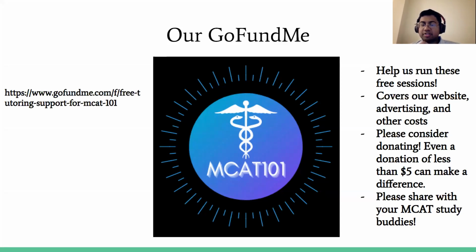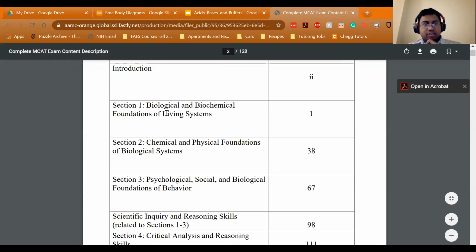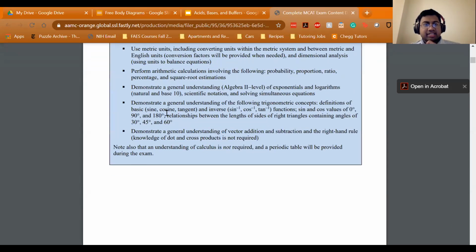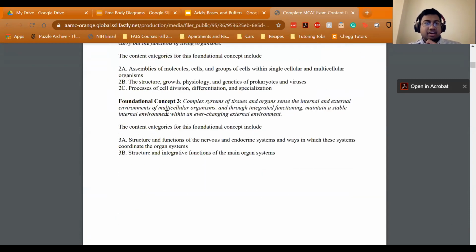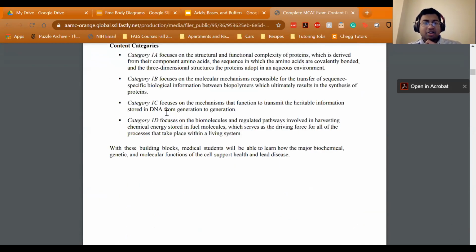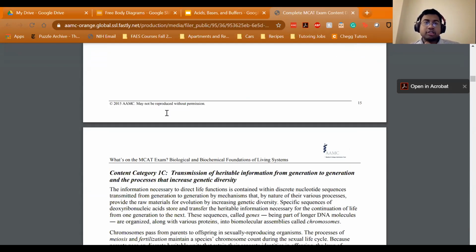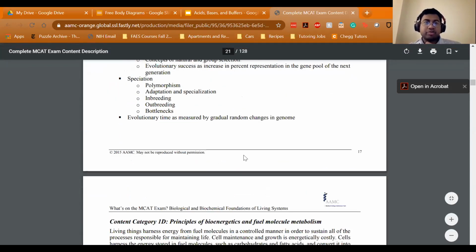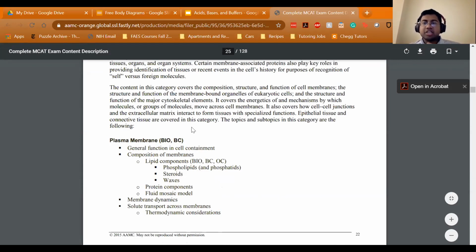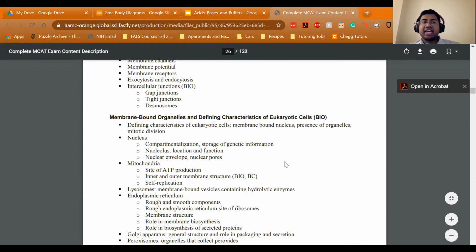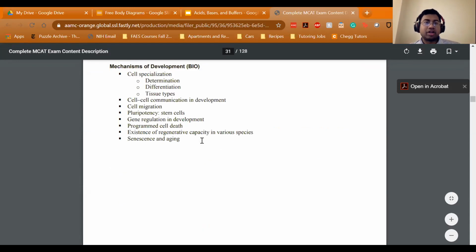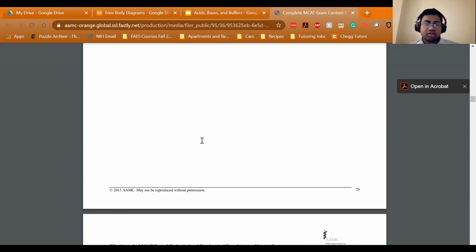There's also the AMC official site, although it's kind of extra technical and verbose. It is good to look at because it's pretty detailed. So I would say use the website that I sent and this AMC document that was attached as well.